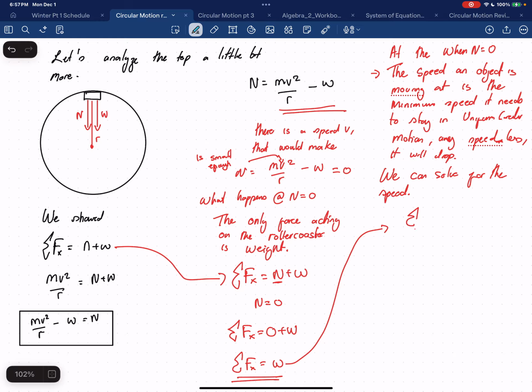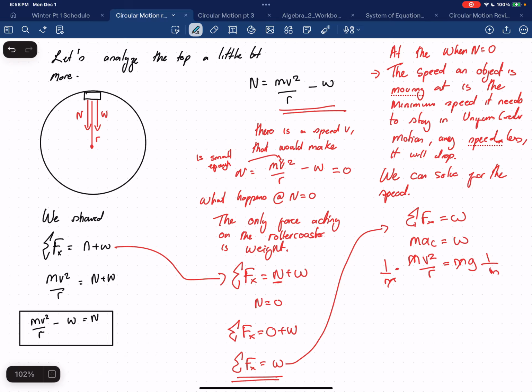So if I just rewrite this equation here, and I know I'm accelerating in this x direction, so F of x is going to be equal to ma, equals W. I know a_c is v squared over r. And what's weight? Weight is mg. Oh, look, I can multiply both sides by 1 over m to get rid of the m's.